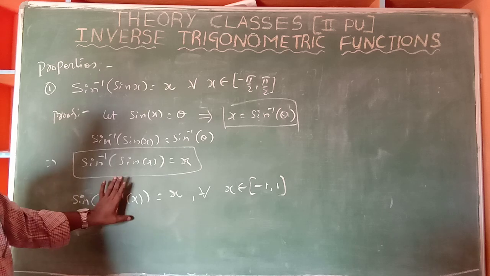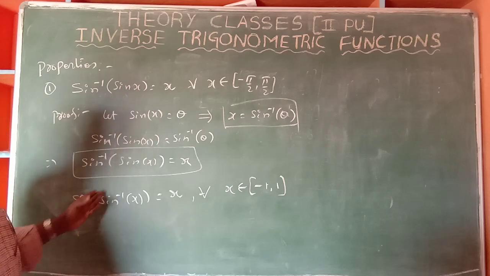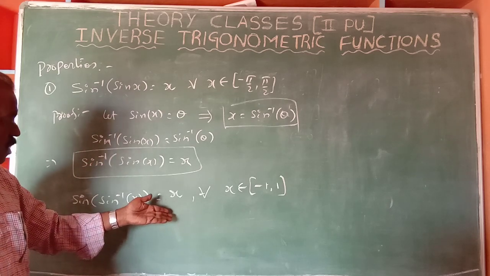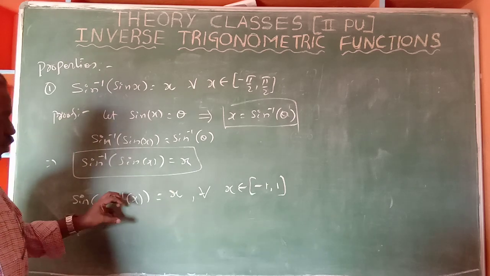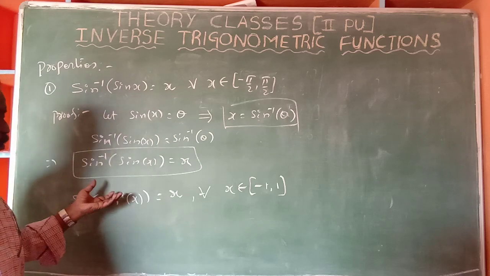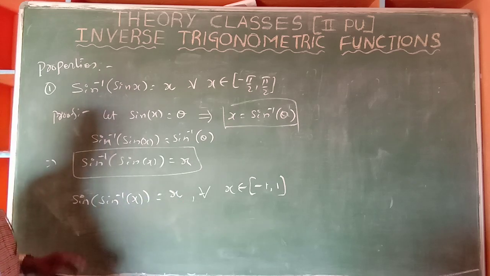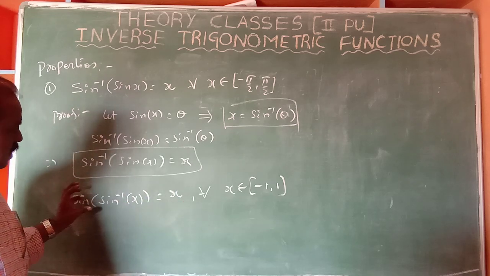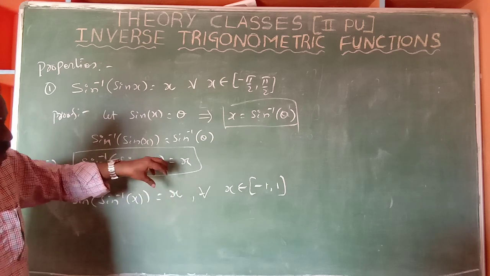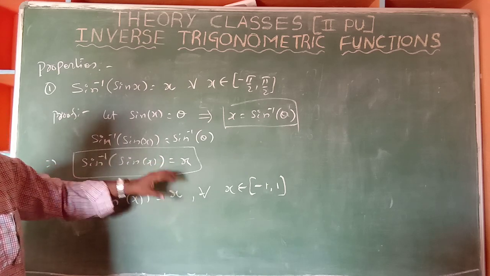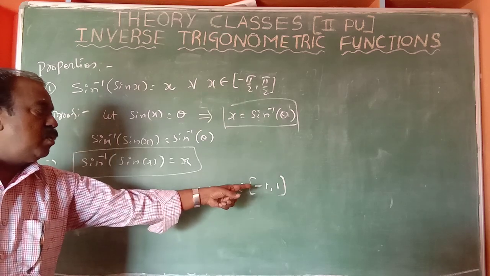Whatever is in the bracket, sine 30 degrees is 1 by 2, sine 45 degrees is 1 by root 2, sine 90 is 1, sine 0 is 0, sine 60 degrees is root 3 by 2. The sine of something is a number, always between minus 1 and 1.